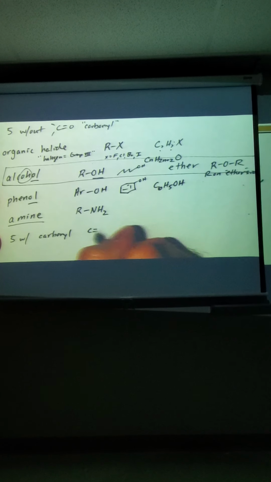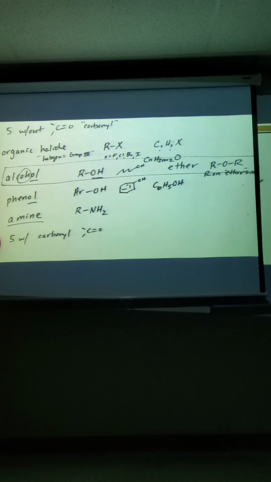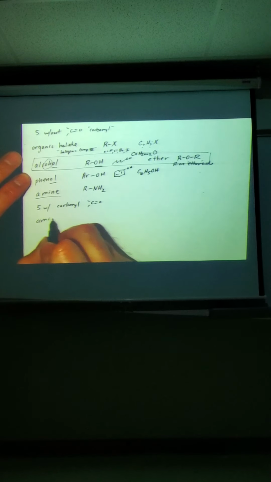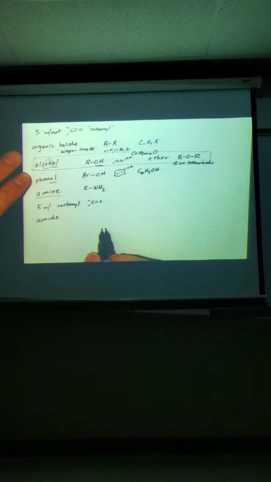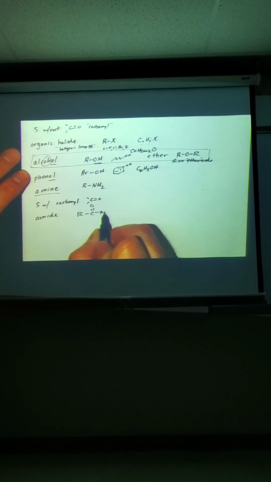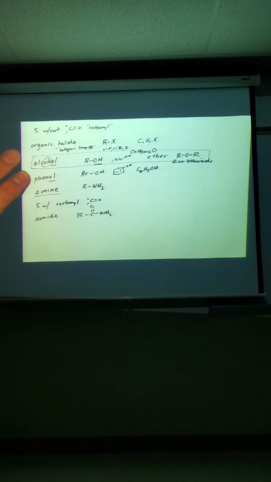So as we shift gears to the ones that have 5 with a carbonyl, so again that's C double bond O structure. Really what we need to do is kind of compare them at the same time to the ones above. So if we say amide, notice the spelling super similar, just D versus N. This is now our carbonyl, a nitrogen group, typically with hydrogens, although you can replace those with R groups or AR groups, doesn't matter.